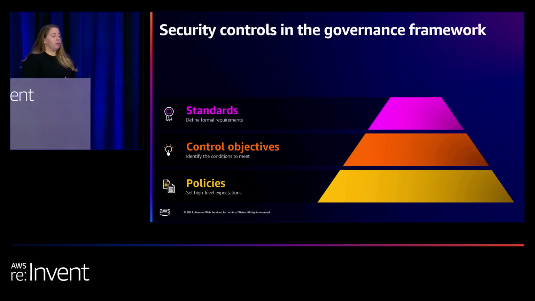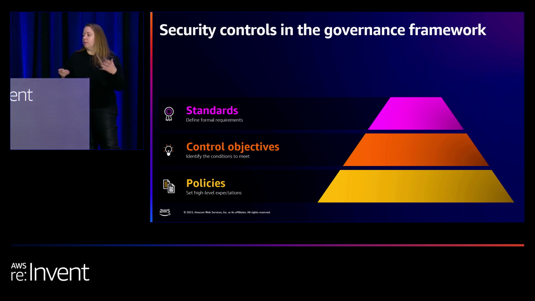The next step is to really tie in those control objectives into individual standards, right? Many of you, most of you, I think, raised your hands that you are part of like the financial service industry, healthcare regulated, right? So you are maybe under PCI or NIST. And so tying those control objectives into the individual standards gives you prescriptive guidance on what are the formal requirements that you're trying to meet.